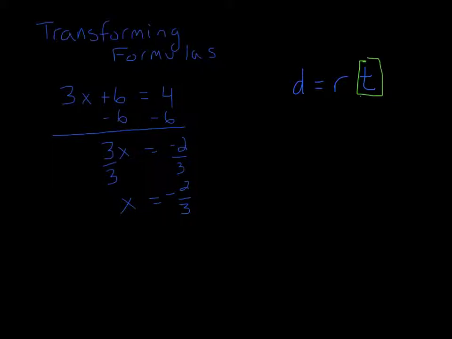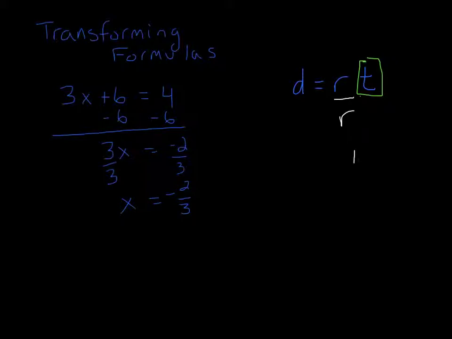Okay, the time. So first thing we've got to do is look and see what the rate and the time are doing. So the r and the t are actually being multiplied together. So if that was a 3 instead of an r, what would we do with it, right? All we would do is divide by that 3 if it was a 3, but in case it's an r here, we'll divide by that r. And now r over r equals 1.